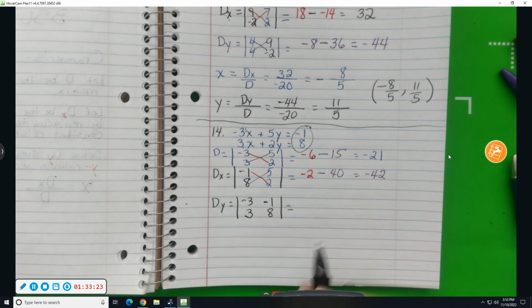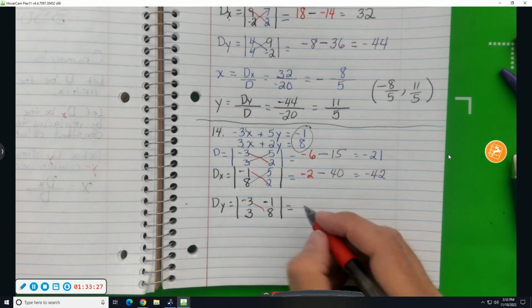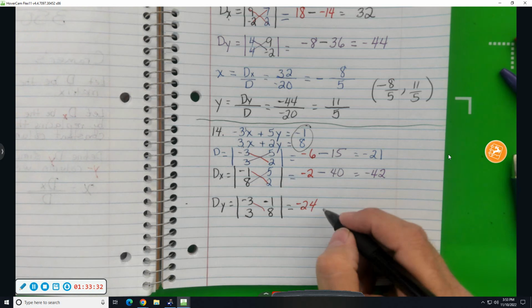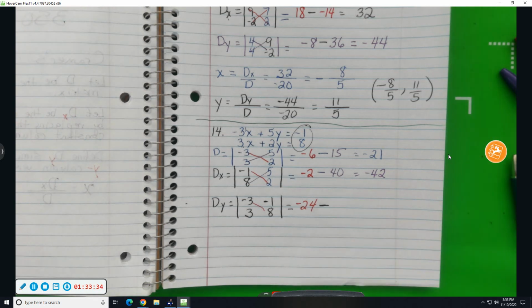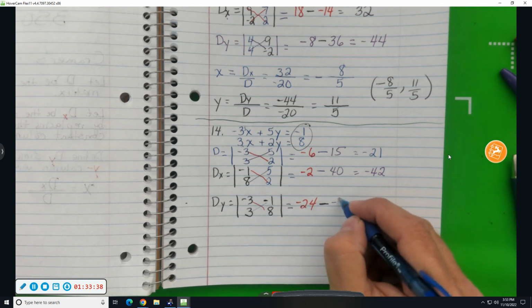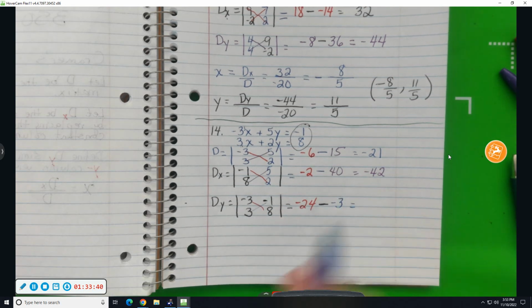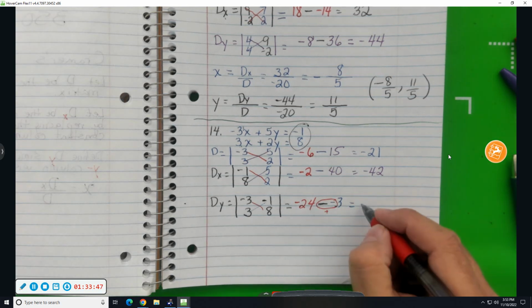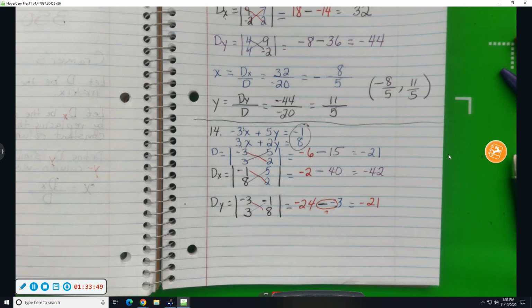So the first number would be -24, and it would be plus 3 because it's minus a -3. So -24 plus 3 equals -21. Divide that by -21, so it's just 1. So it would be the ordered pair (2, 1).